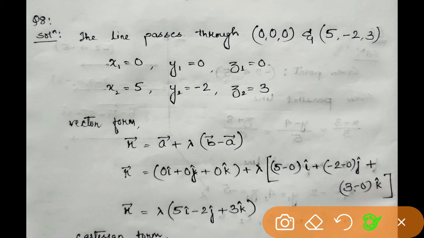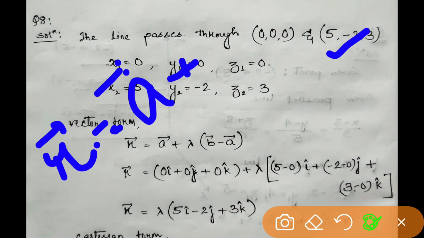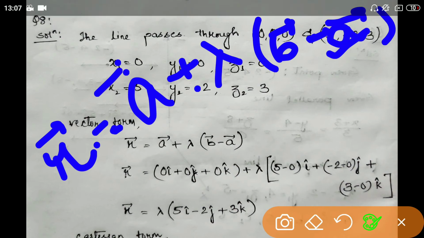So we have 2 points here. One is origin and another is the given point. So we can use that. But remember, r equals a vector plus lambda times b vector minus a vector. That formula we can use.